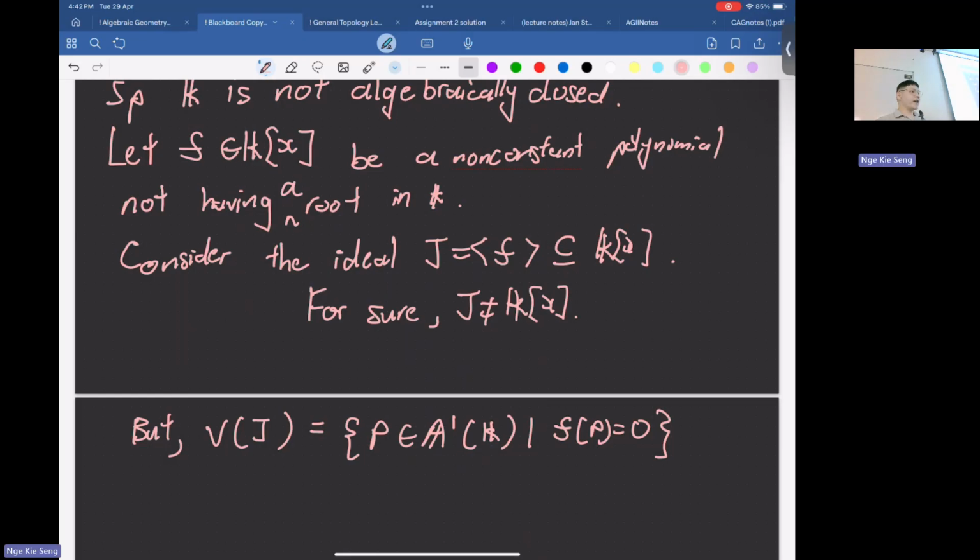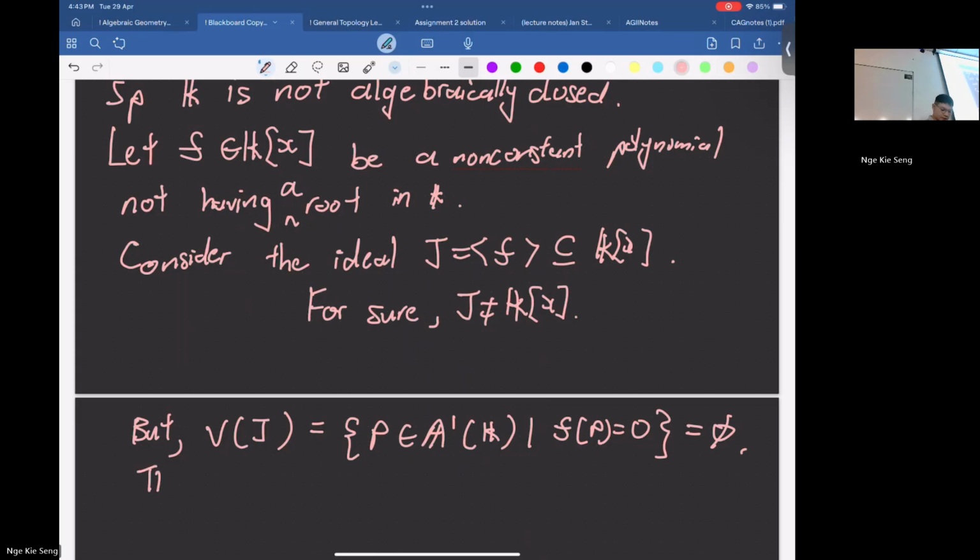If it doesn't have a root in K, meaning nothing solves it when you make it equal to 0, then this is empty.